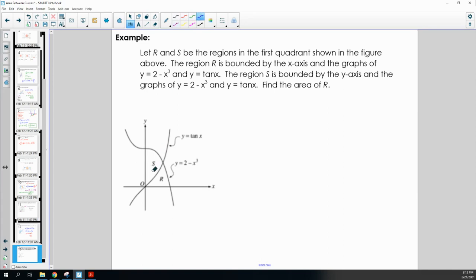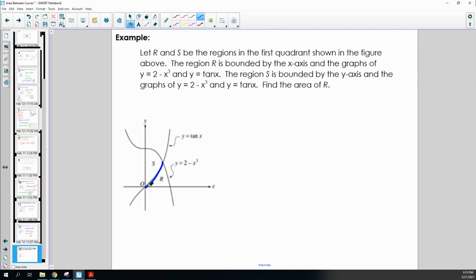If I look at R, I'm just going to highlight it real quick. I'm trying to find this area. Now, if I'm doing top minus bottom, I can see that when I go from 0 to whatever point this is, the top function is tan x. The bottom function is going to be the x-axis, or the line y equals 0.